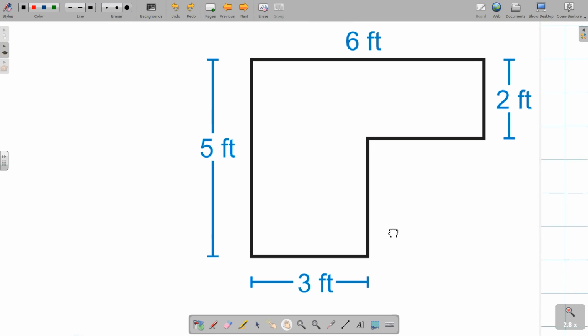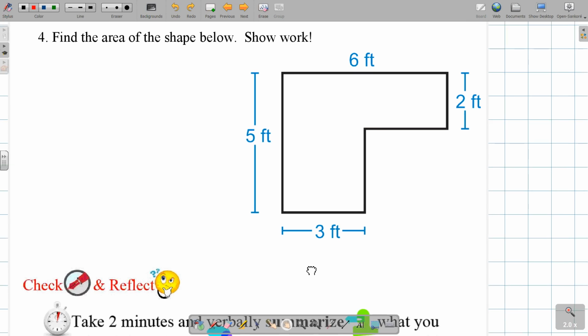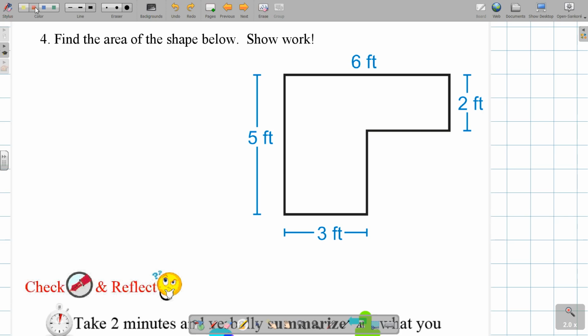Okay, we just need to find the area of the shape below. So there's 2 ways you could have seen this. One way is to have seen it as 2 separate rectangles.